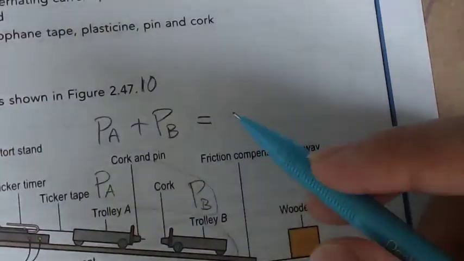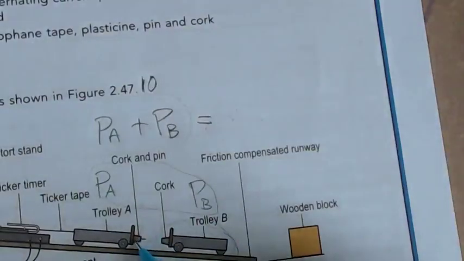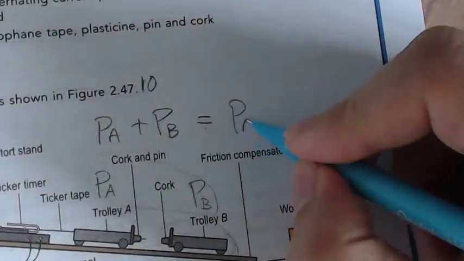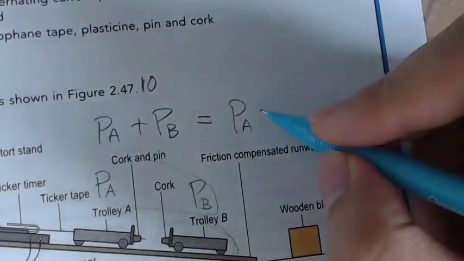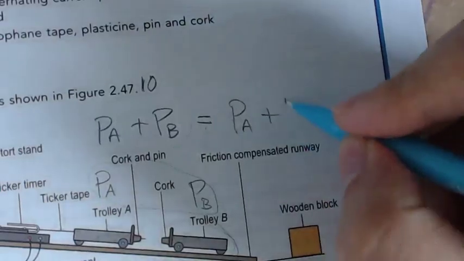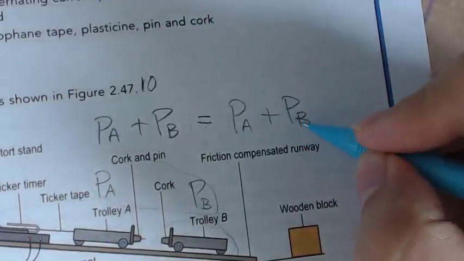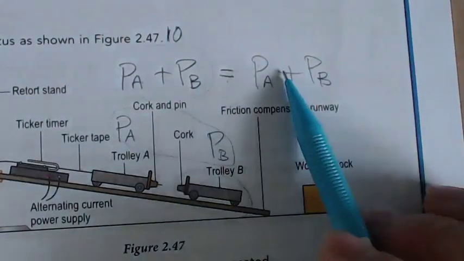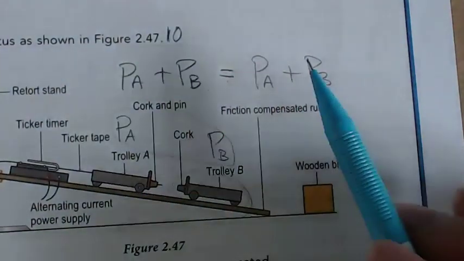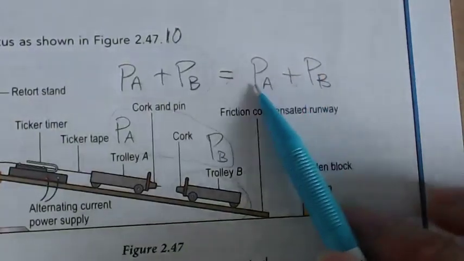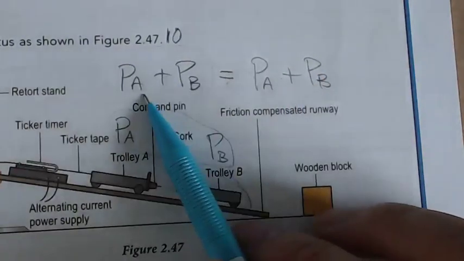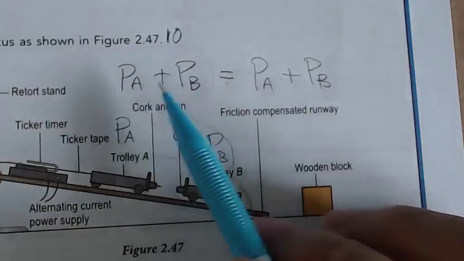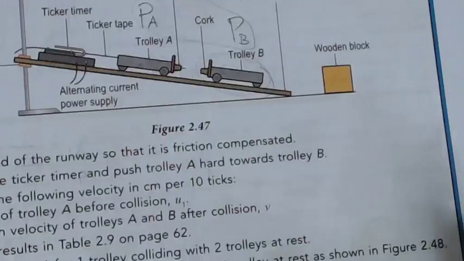So now after this trolley hits this, we also need to recalculate the momentum of each trolley to see whether the right side here remains the same value as the left one here.